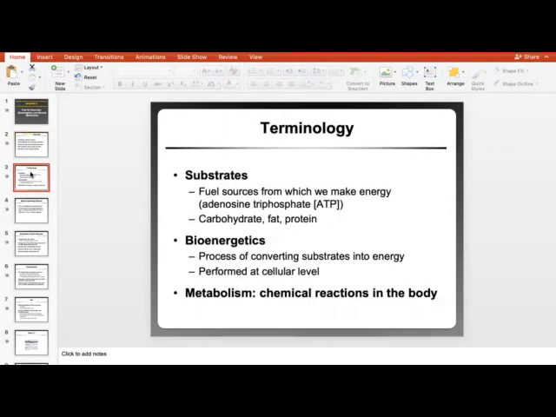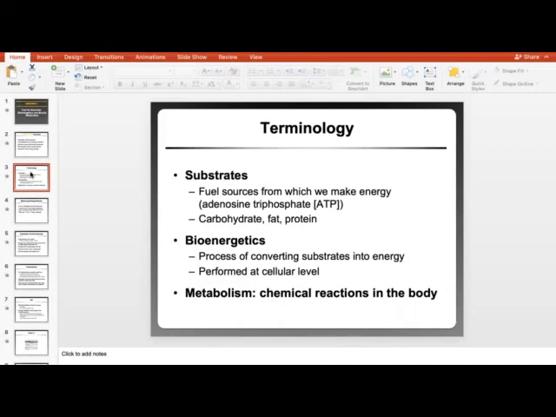The substrates we're going to be talking about all break down into adenosine triphosphate. It's an adenine group with three phosphates, and the phosphates are held together, and also held to that adenine group, with chemical or electrical bonds. When the bonds are broken, energy is released.